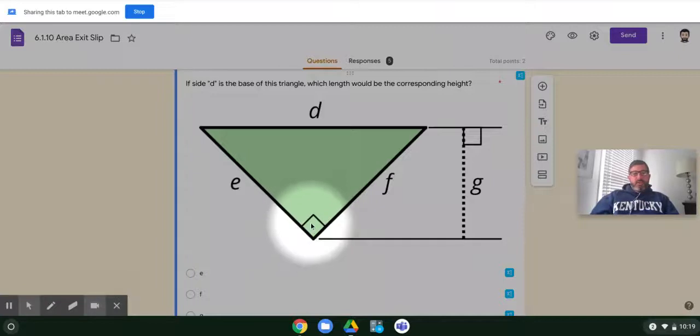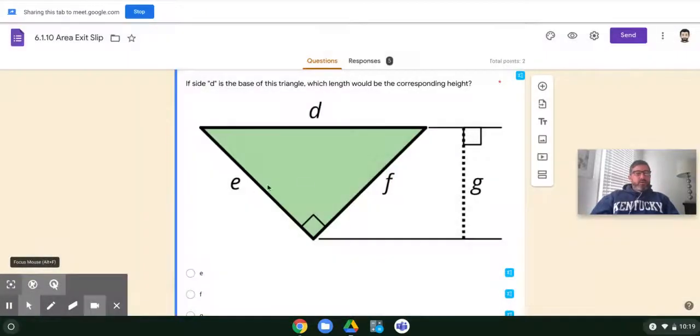Sometimes you can draw that line inside the triangle, which you can do here, but they chose not to. Sometimes you can draw it outside the triangle, and in this case, they decided to draw it outside. So if we know our base is D, which one of these letters corresponds to our height? Is it E, F, or G?